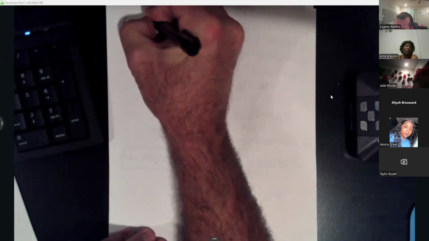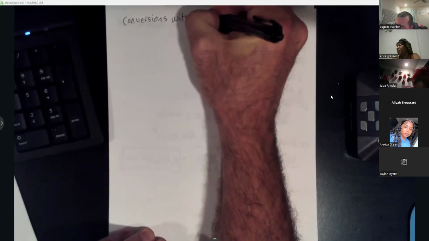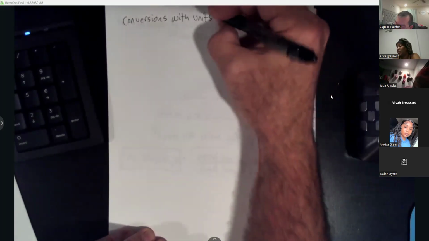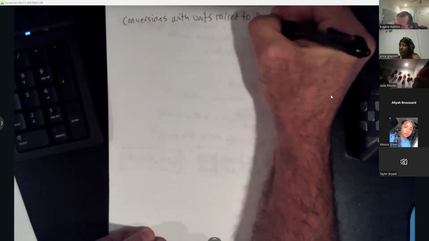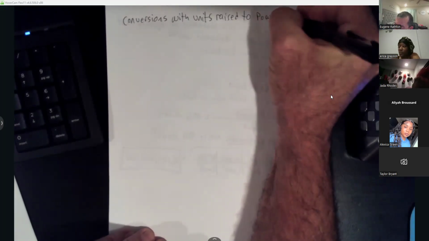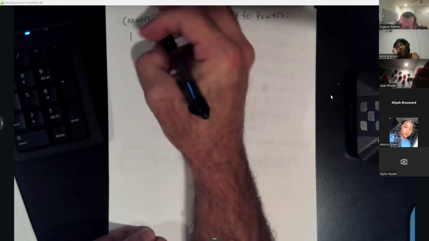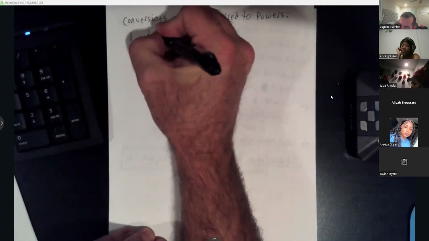All right, so let's look at some of these conversions with units raised to powers. All right, so 1 yard equals 3 feet.